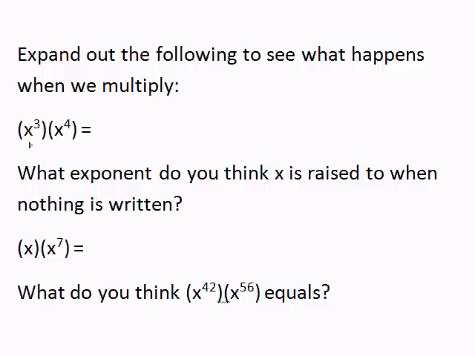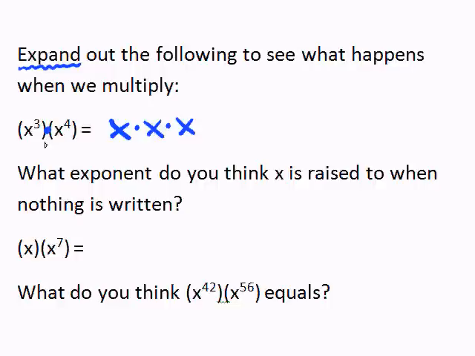Let's expand the following. X to the 3rd times x to the 4th. So notice, we are multiplying two of the same base. The x's are the same, the bases are the same, so let's see what happens. X to the 3rd, x times x times x. I've expanded x to the 3rd by writing it out as multiplication. Now, two parentheses next to each other means that you're multiplying those two parentheses together.